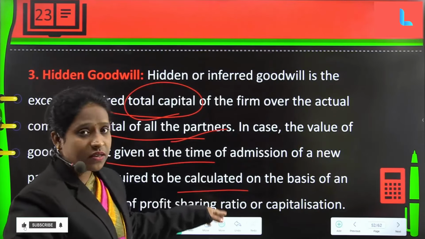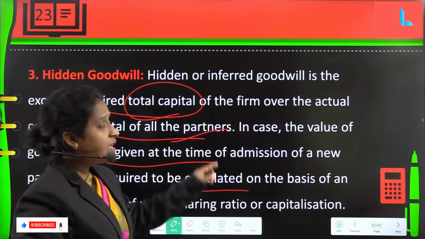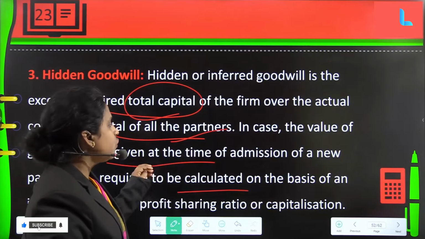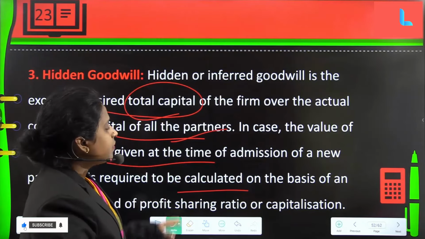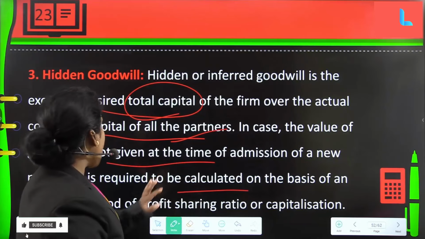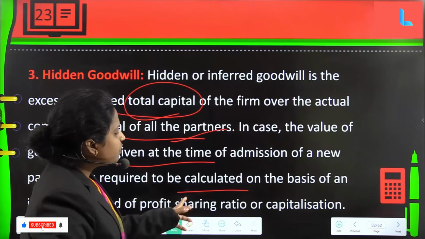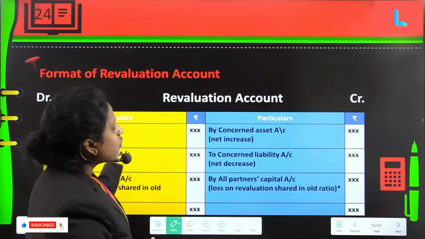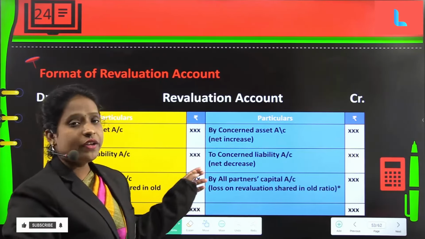So if you don't find the value of goodwill at the time of admission of a new partner, it is required to be calculated on the basis of an inferred method of profit sharing ratio, or what we call capitalization.